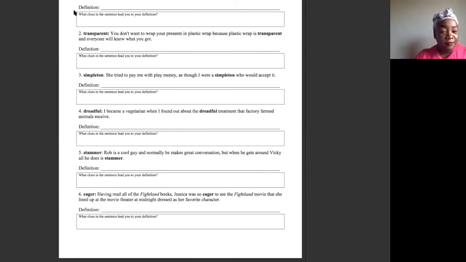All right, number 6, looking at the word eager. Having read all of the Fightland books, Jessica was so eager to see the Fightland movie that she lined up at the movie theater at midnight dressed as her favorite character. Now, what are the clues that are going to tell us what the word eager means?